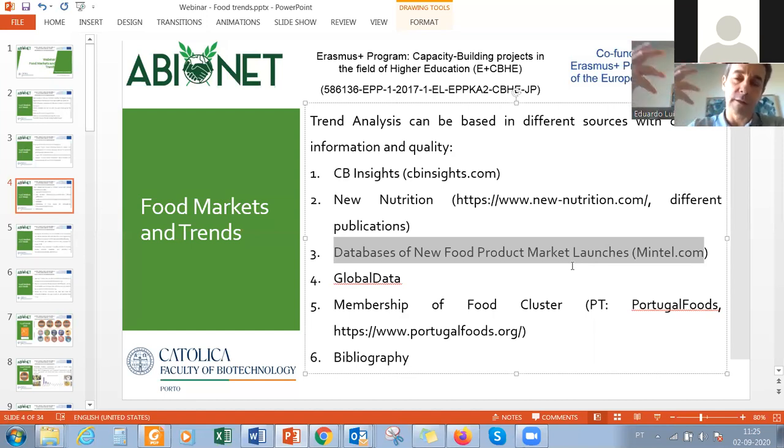So if there is a new sausage product that is launched and that is in a supermarket, maybe in Armenia, they will be able to catch the information and put it in the database. If there's a new synthetic meat that starts to be on the supermarkets in California, they are able to catch it and put it in the database.